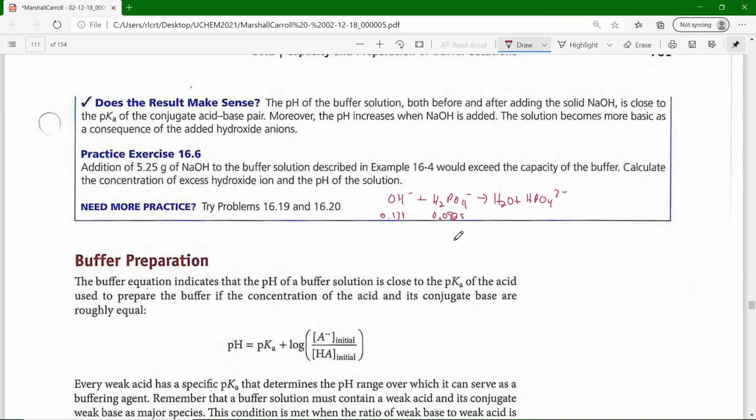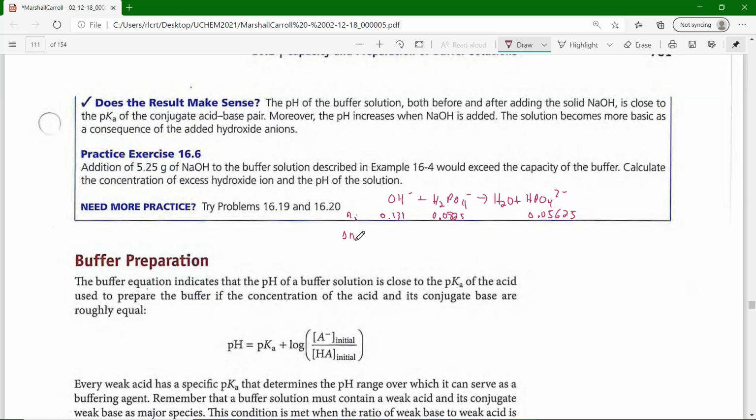I just shut off my calculator. There it is. 0.225 times 0.25 is 0.05625. Okay, so that's the initial number of moles.